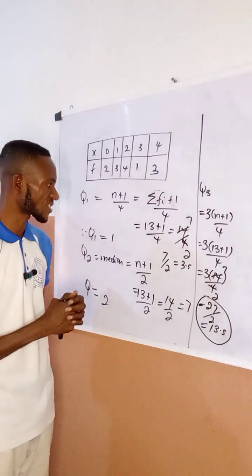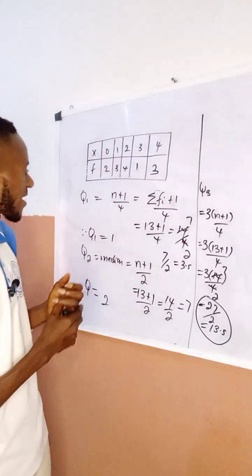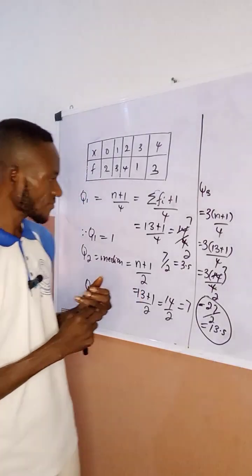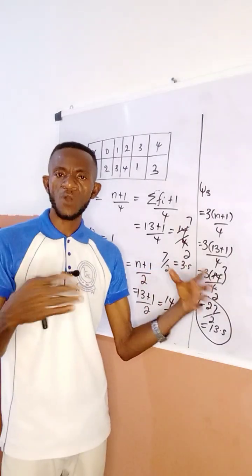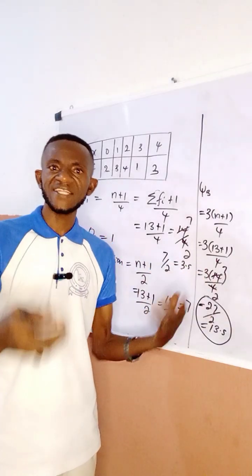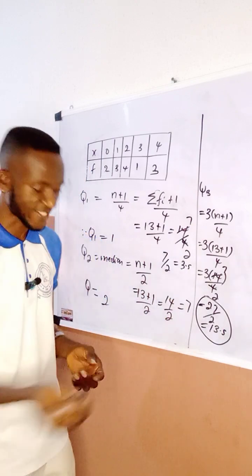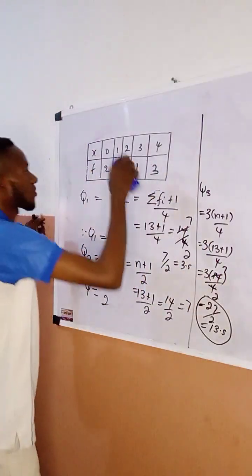And let us now go over to looking at what we call measures of central tendency in a grouped data. So permit me to clean here quickly.